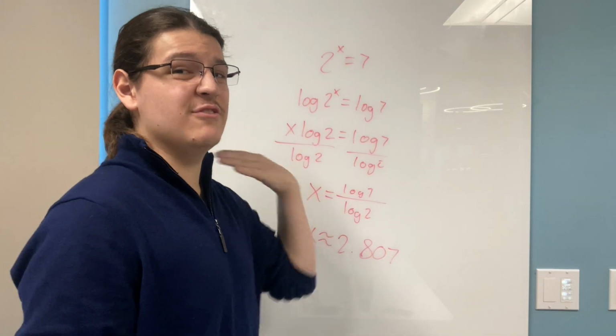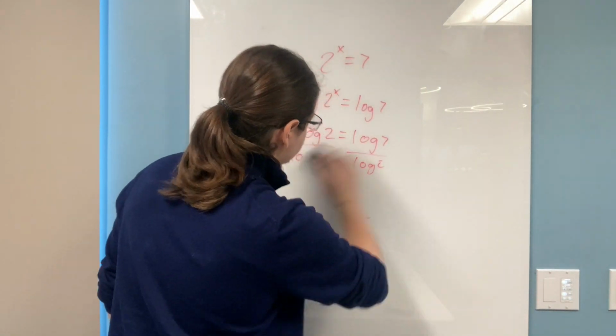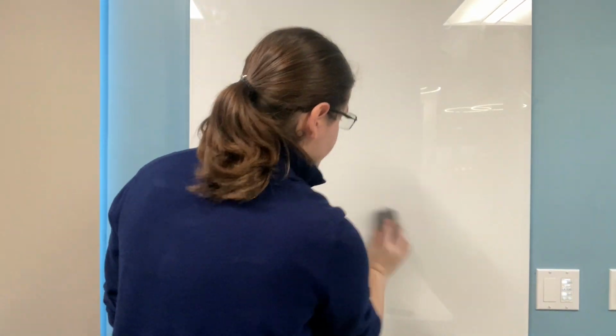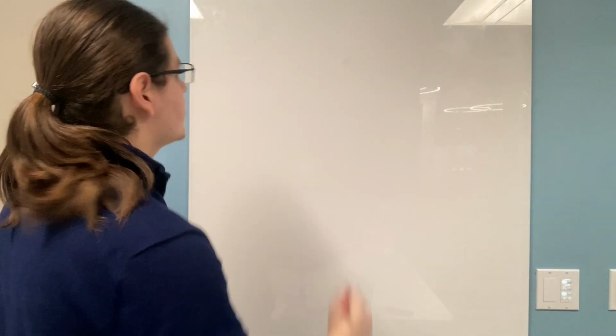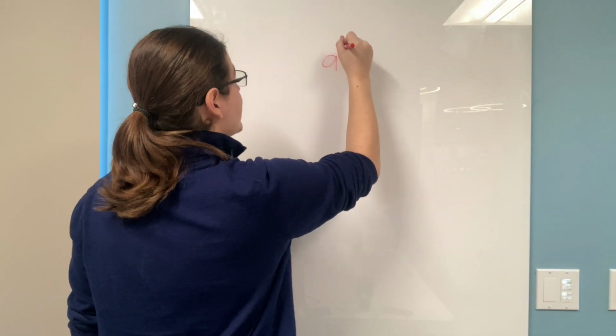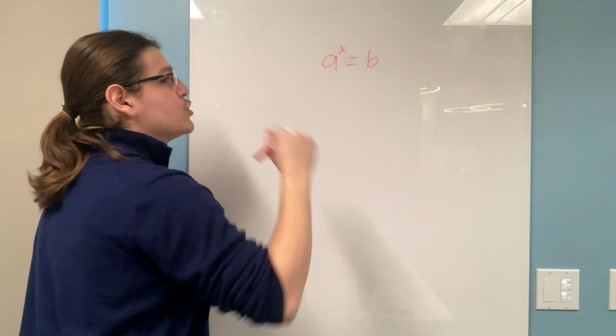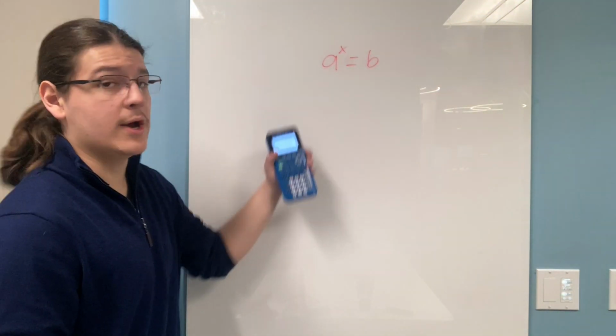This is the change of base formula, and this is the same for all numbers. Because if we had, let's just use some other letters here, a to the x is equal to b, sure, we could rewrite this in terms of log base a.